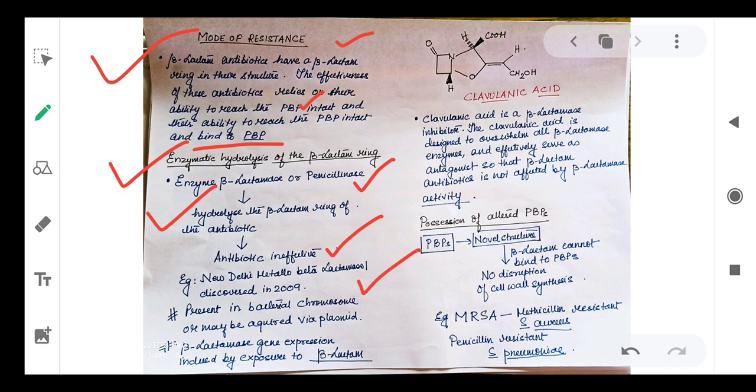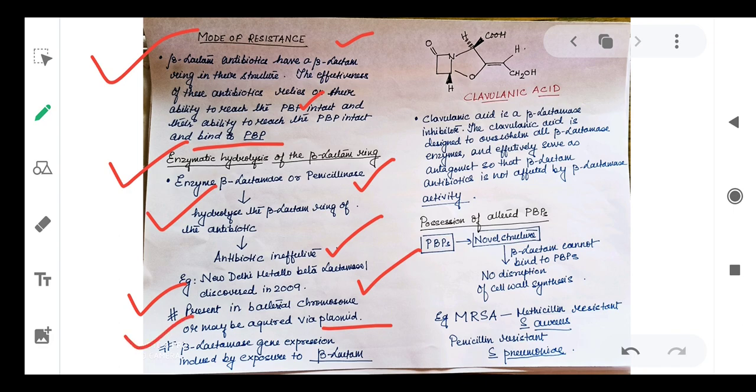This is one of the superbugs which was isolated in New Delhi, and it was found that this particular superbug carried New Delhi beta-lactamase, which degrades the beta-lactam group of antibiotics. This enzyme can be present in your bacterial chromosome or may be acquired via a plasmid.